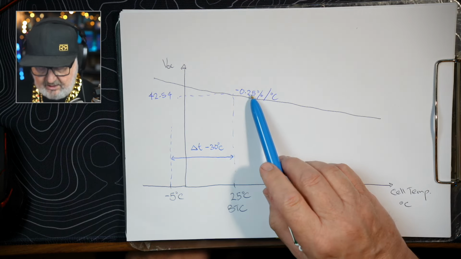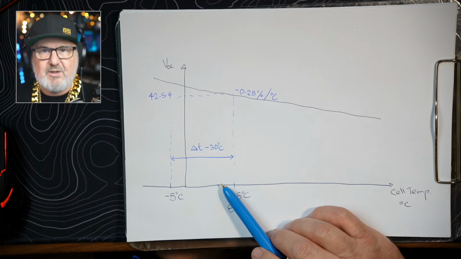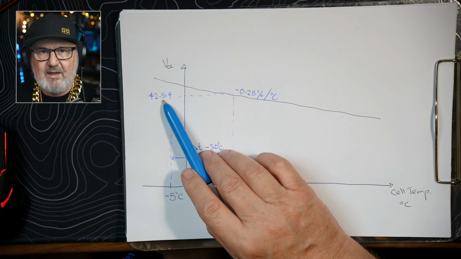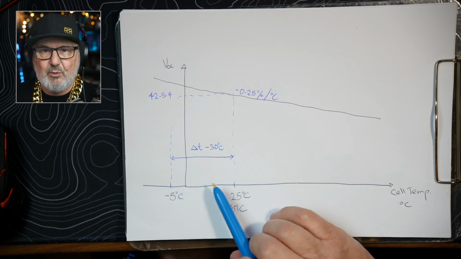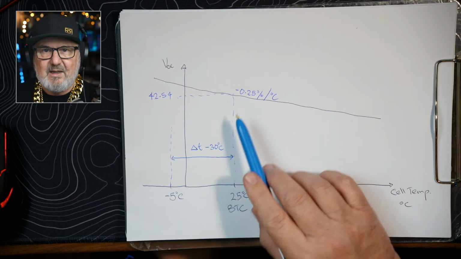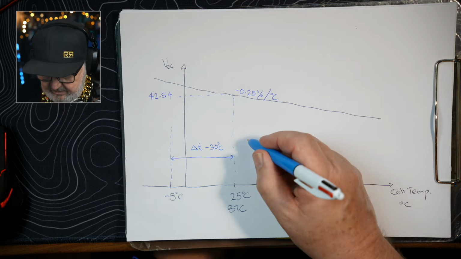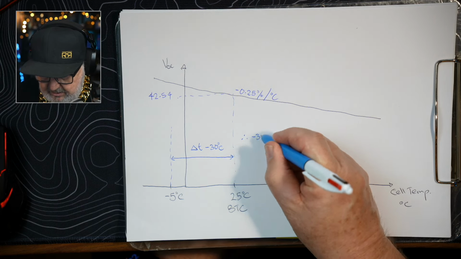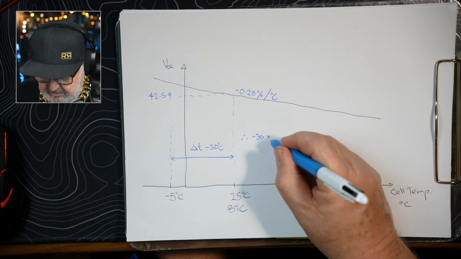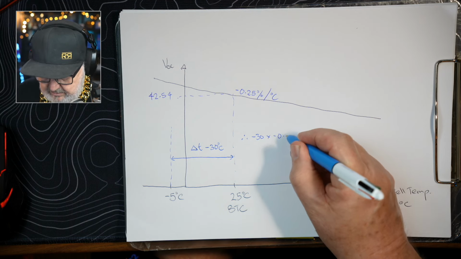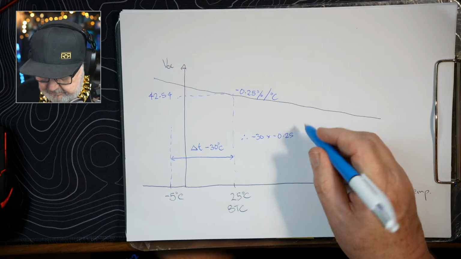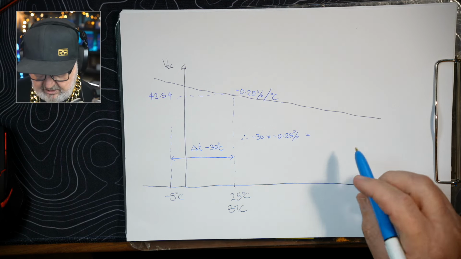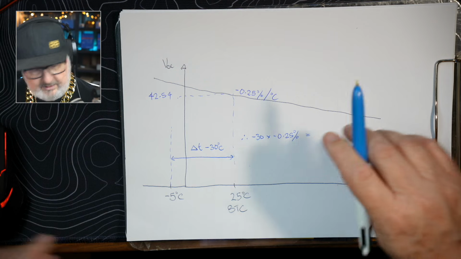That times that tells me how much, as a percentage of our standard test condition number, we're getting as a change, and it will be an increase because a negative number times a negative number is positive. So let me write it out. Therefore, minus 30, which is delta T, times minus 0.25% equals a change which is positive.